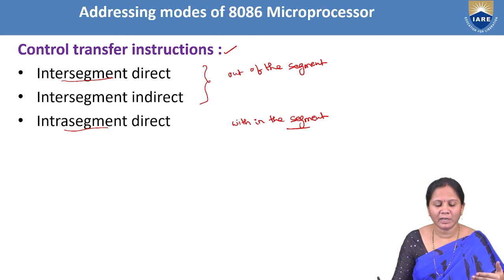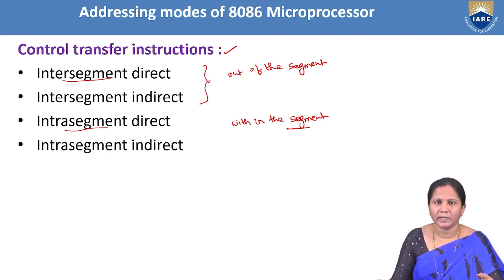Such types come under intrasegment addressing modes. Again in intrasegment addressing modes, we have direct and indirect. This is the classification of addressing modes that come under sequential control flow and control transfer instructions.